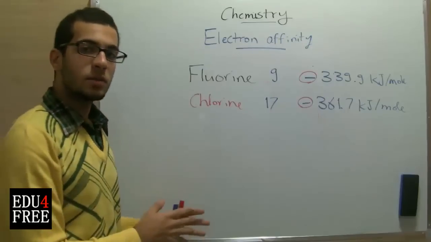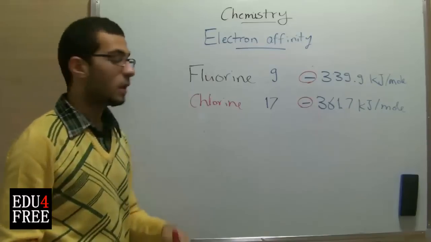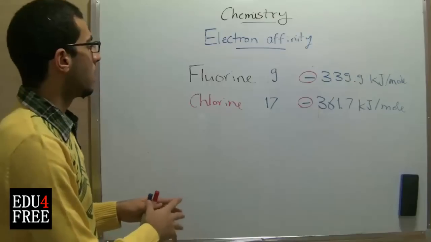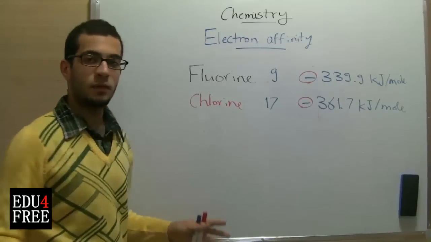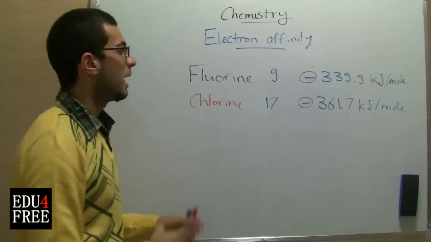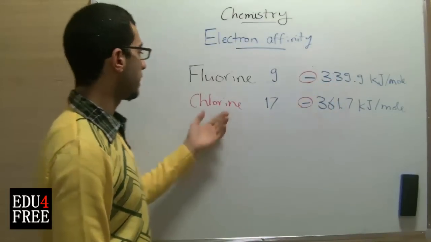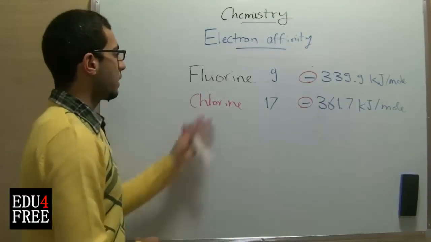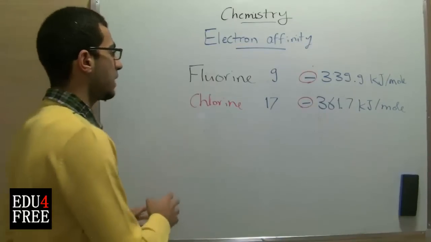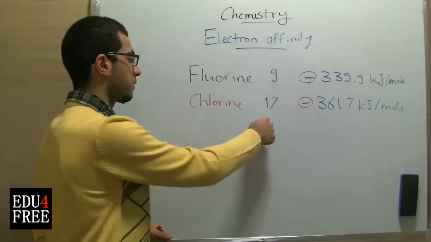If an extra electron is added to the 9 electrons, this will lead to a great repulsion force between the electrons, and this repulsion force will let the electrons widen from each other. They will become far from each other and accordingly far from the nucleus, and at that time the electron affinity here will be less than in chlorine. That's why fluorine's electron affinity is less than chlorine's, despite the fact that the number of electrons of fluorine is 9 and that of chlorine is 17.